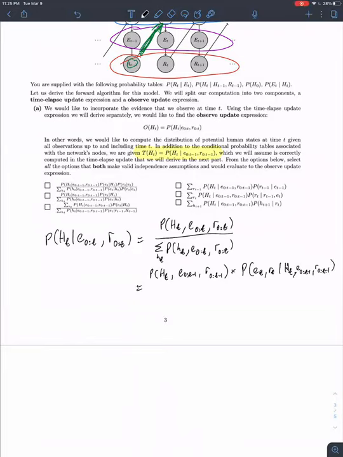The reason I'm doing that is because I want to use this capital T of HT, which has HT, E up to t-1 and R up to t-1. So this first term is going to be that.